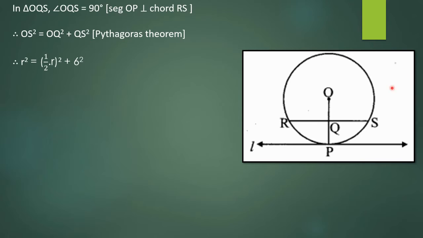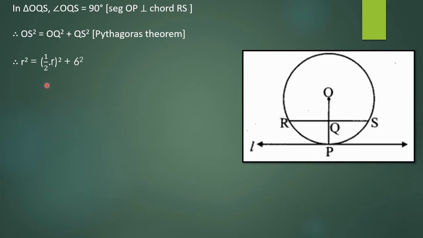We know that OS is the radius of the circle, so in place of OS, I substitute R. So this becomes R square. OQ we found in the previous part is half into R, so this becomes half into R the whole square. Plus QS is 6, which we found earlier, so it becomes 6 square.